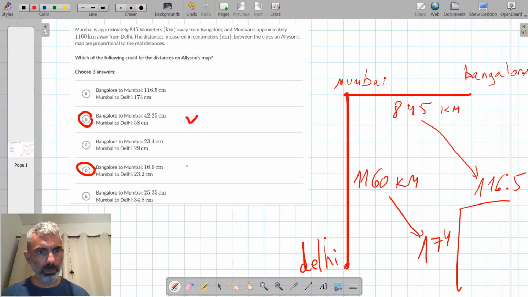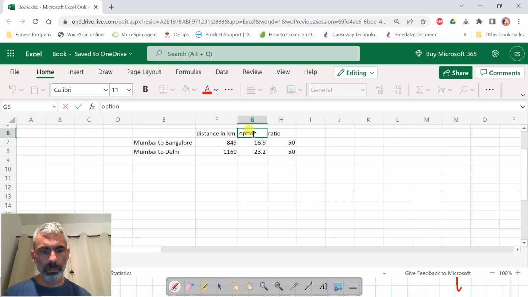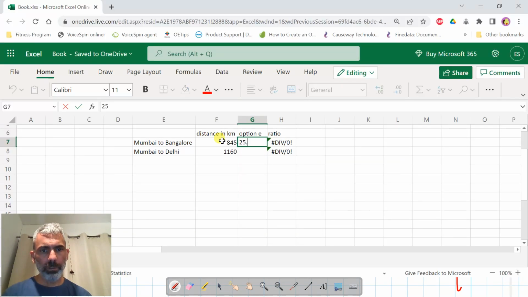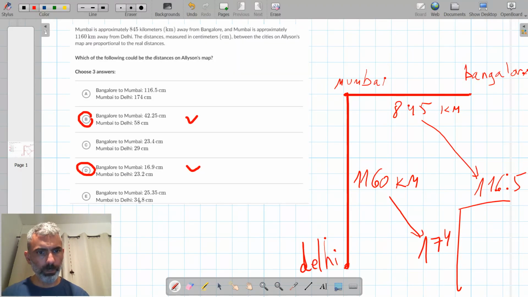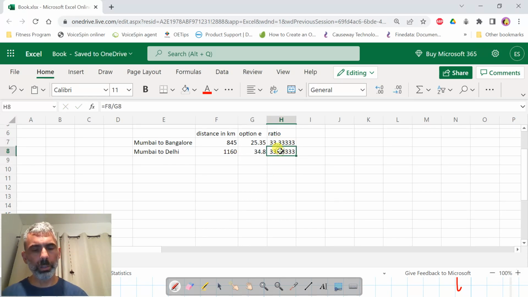We need to find 3 answers, so option E must also be correct. So here option E, Bangalore to Mumbai 25.35 and 34.8. Okay, so here we get the same ratio, so this option is also good.